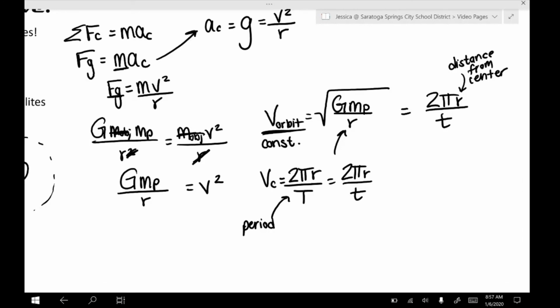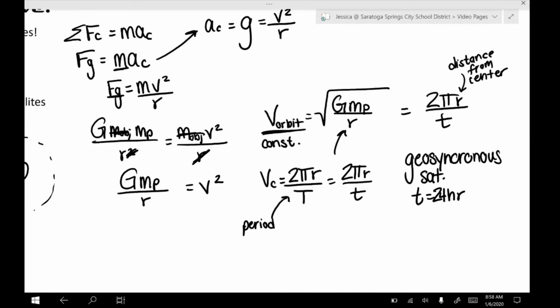We might know the period of the satellite. For instance, there are things called geosynchronous satellites, which have a period of 24 hours. They actually stay right on top of one single point on the Earth, so you don't actually have to move the receiver antenna. It just points at one single satellite.